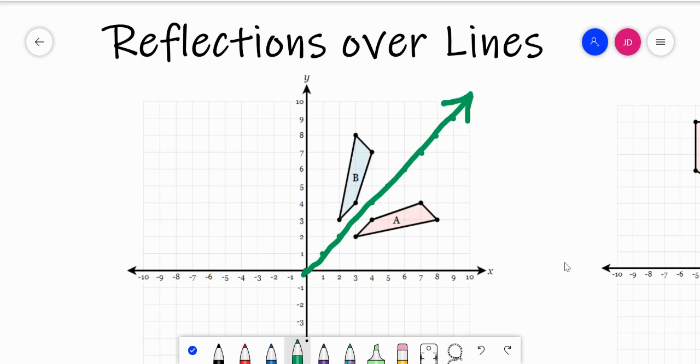Okay, this line right here, as you can see, we have 3, 2, and 2, 3, 4, 3, and 3, 4.